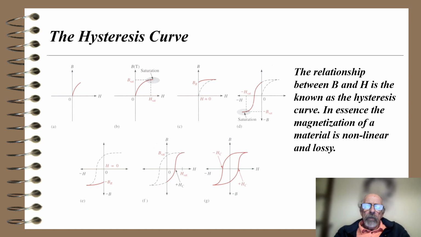Basically, the relationship between the B and H values is known as the hysteresis curve. In essence, the magnetization of a material is nonlinear and lossy. The fatter that hysteresis curve is in G, the more lossy the core is.